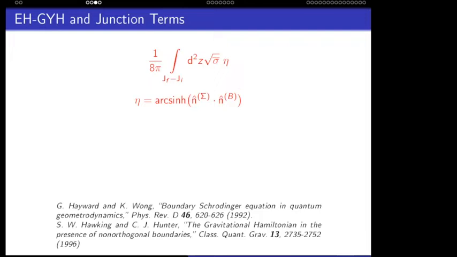For getting this term, you have to work out the variation of the Einstein-Hilbert action in this kind of manifold. It's a very hard job, but you find that you need this term in order to have a well-defined variational problem.